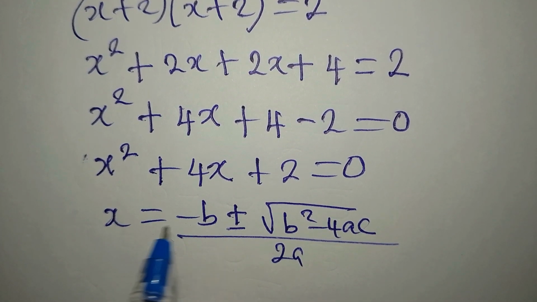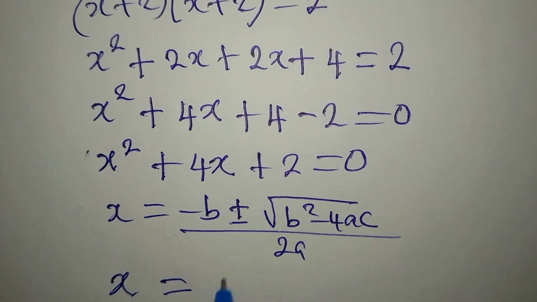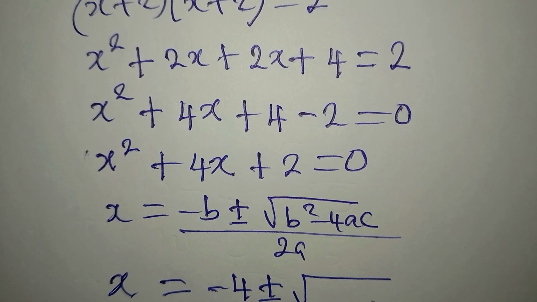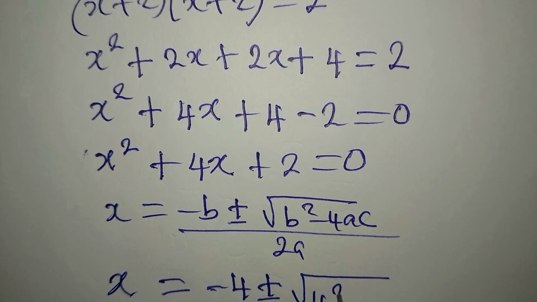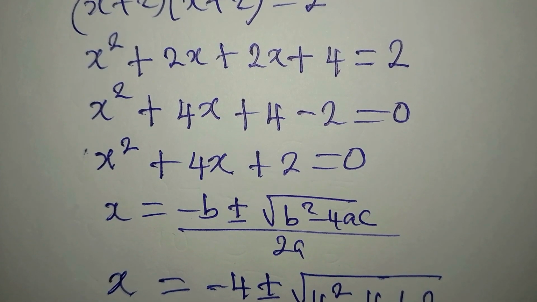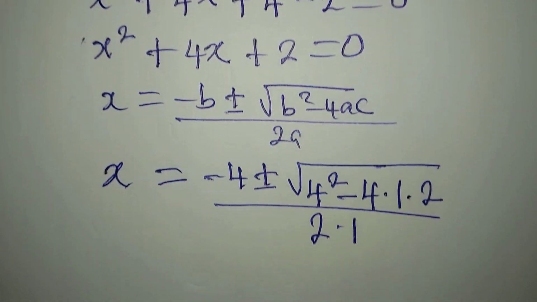So let's put all of that into this formula. We have -4 ± √(4² - 4 times a, which is 1, times c, our c is 2), then we divide this by 2 times 1.